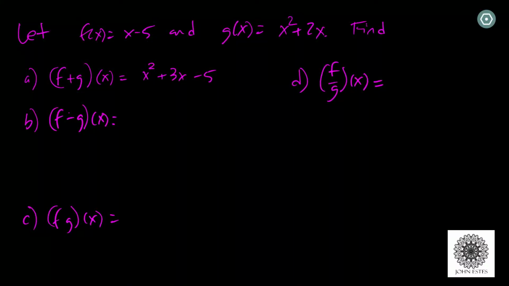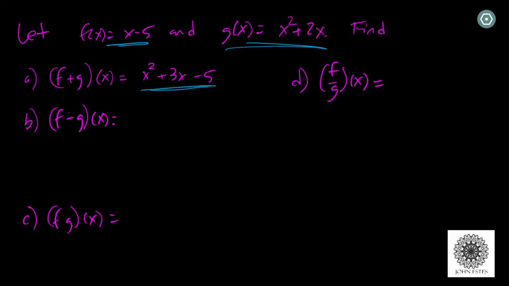Okay, now we want to find the other three functions, f minus g of x, f times g of x, and f divided by g of x. And again, f of x here is x minus 5, and g of x is x squared plus 2x. And so we already did f plus g of x, which we can see right here. So f minus g of x is just simply taking x minus 5 and subtracting x squared plus 2x, right?